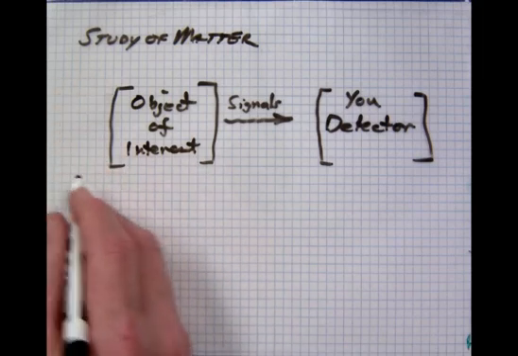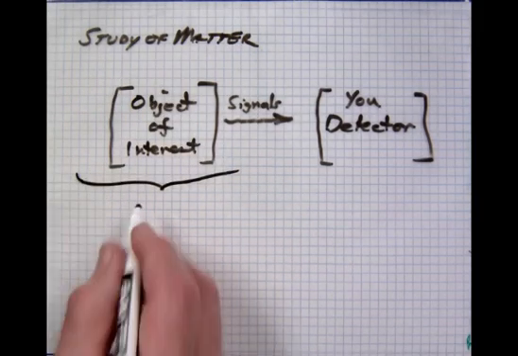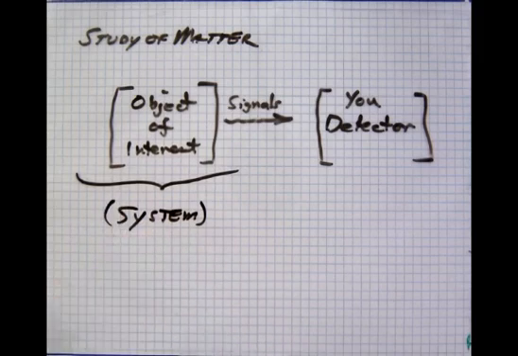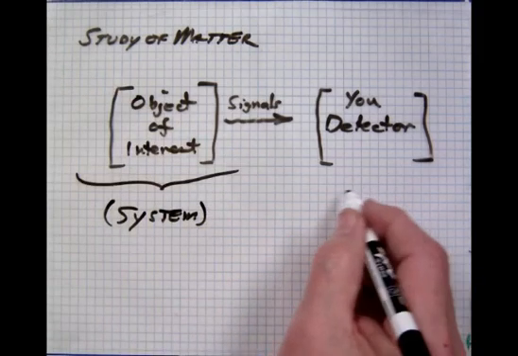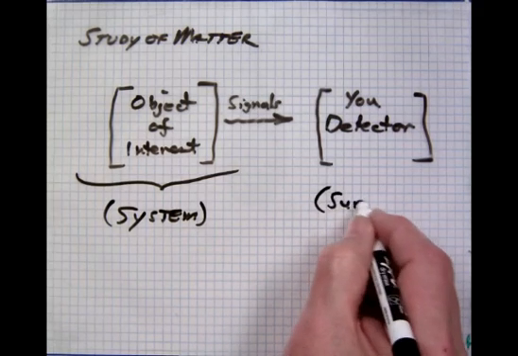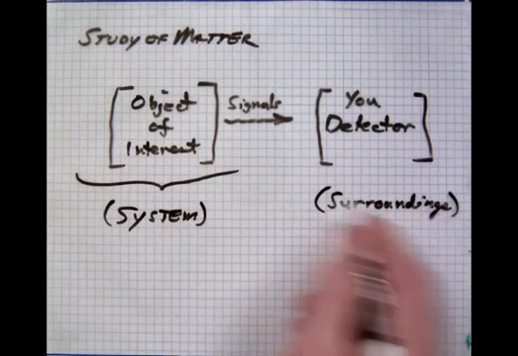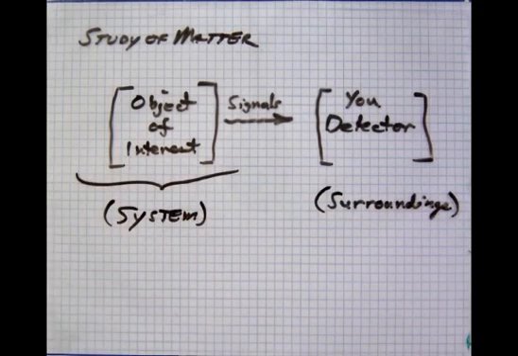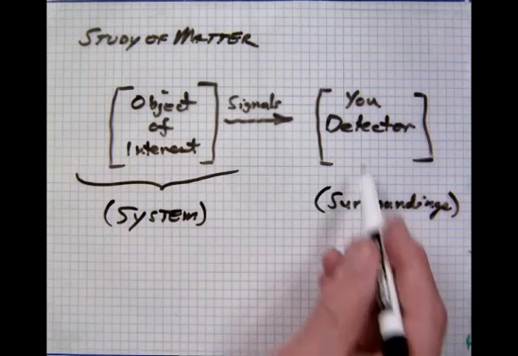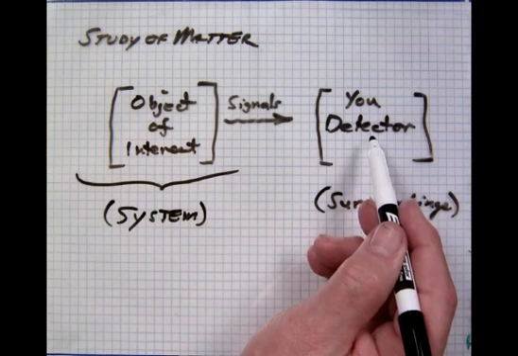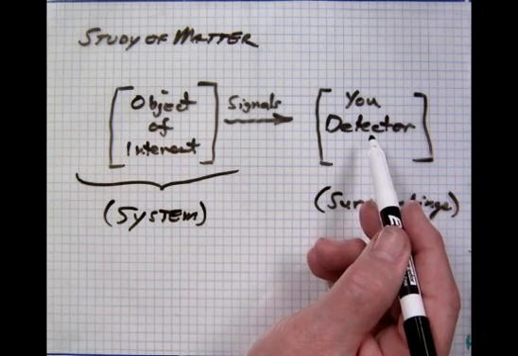You will recognize this as a system, the object of interest, sending signals to surroundings, which is everything else besides the object of interest. And the surroundings could be you, a box that you have built that is sensitive to the signals that are being sent.